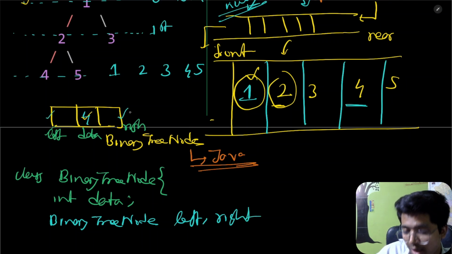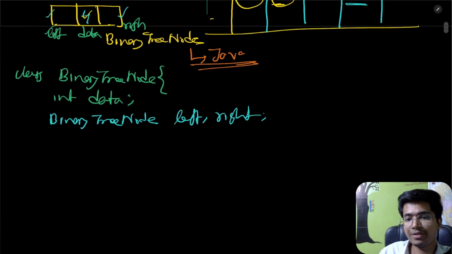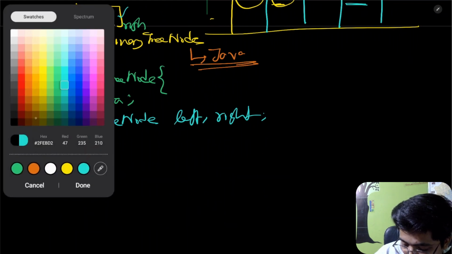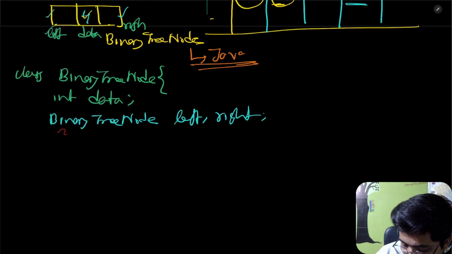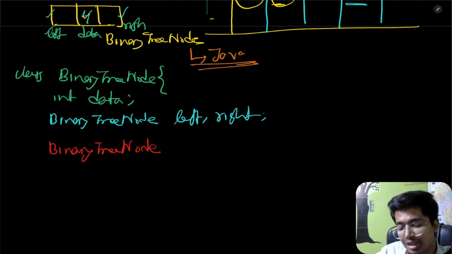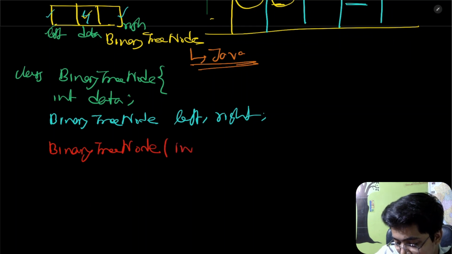Now we'll initialize this object, so we need to create a constructor, BinaryTreeNode. Whenever we create this node, we will pass an integer data as the argument. And now we'll create the code.